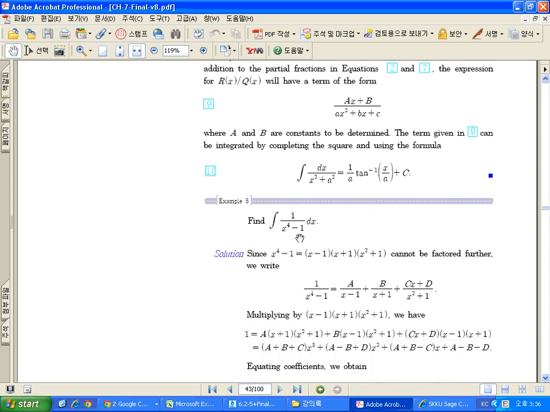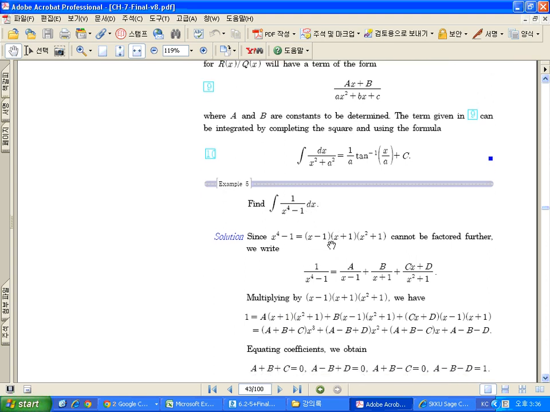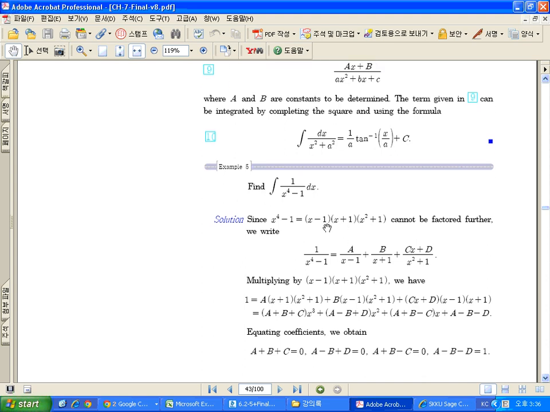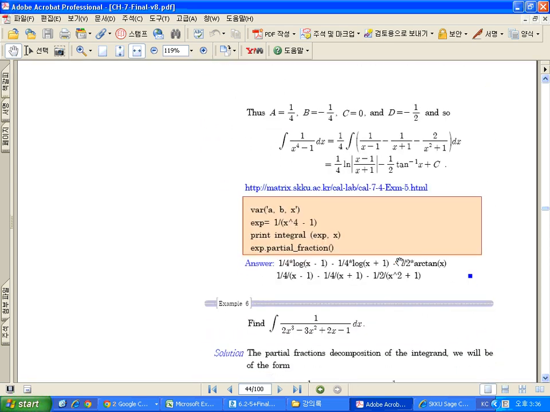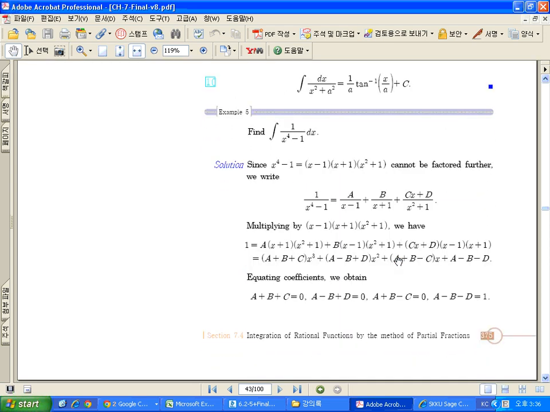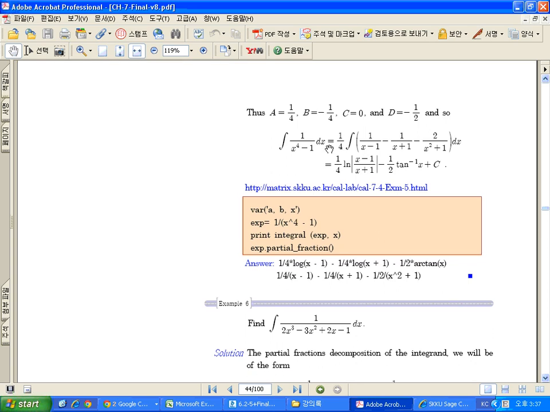Okay. For example, in the integral of 1 over x to the fourth minus 1 dx, this can be factored like this, but cannot be factored any further. So this can be factored in this way, and in this case, if you have x squared plus 1, then you should have a linear term, cx plus d, as a numerator to solve it, which gives us a, b, c, d like this.